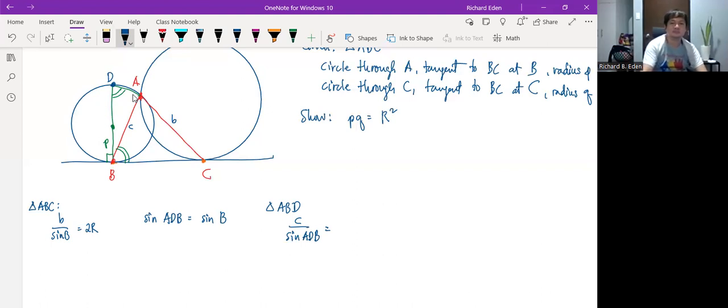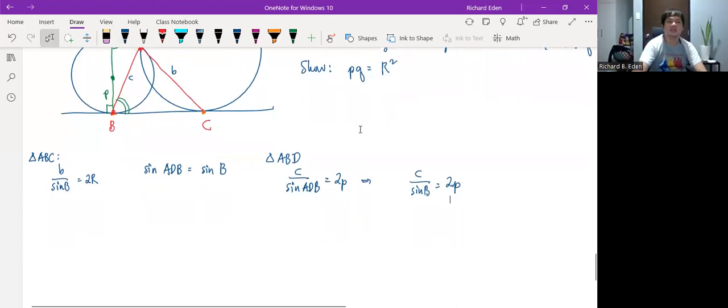Is equal to 2R. 2R of P. 2P. Okay. But ADB is sine B, so C over sine B equals 2B. Okay.